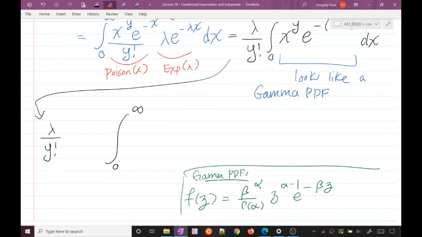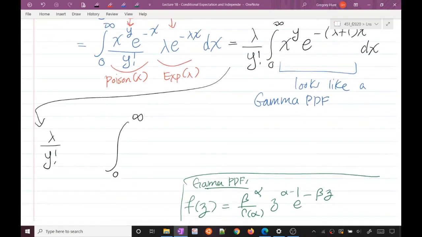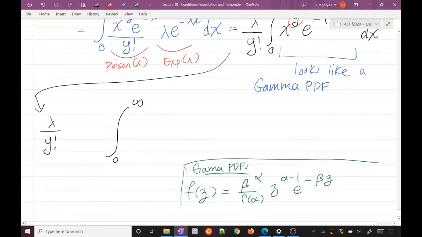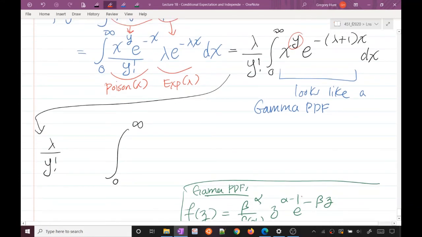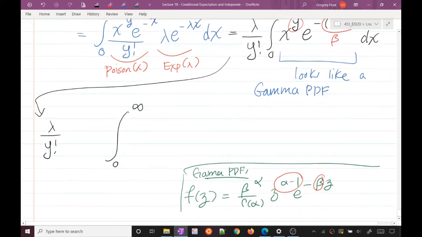And in our case, y is like alpha minus 1. So y is this alpha minus 1. And beta is basically lambda plus 1.